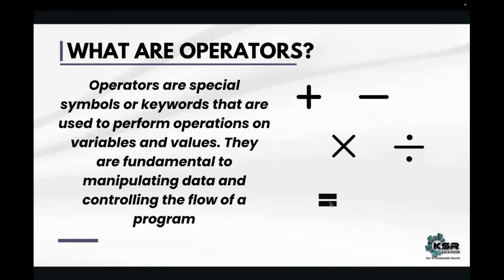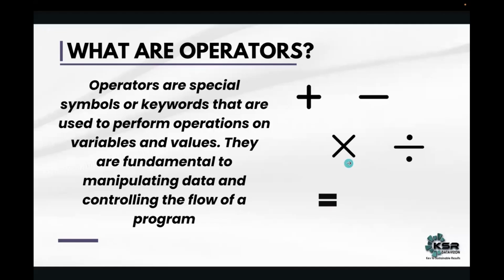Operators are special symbols or keywords that are used to perform operations on variables and values. Why values? That I'll also tell. They are fundamental to manipulating data. Data can be manipulated in many more ways, but these are fundamental items that can be used to manipulate data and control the flow of the program. So how the program will flow, all those things can be controlled by operators.